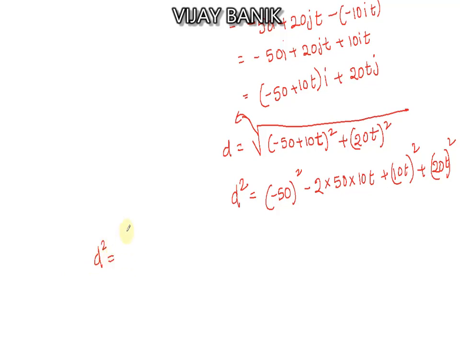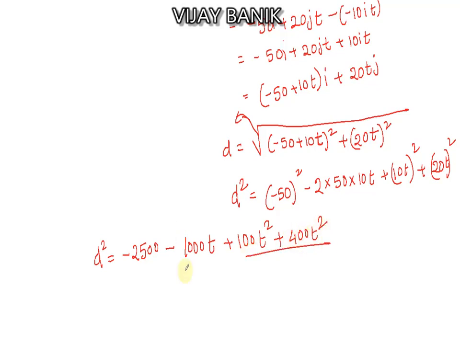Let's do that in the calculator. Minus 50 square is 2500. Then 2 into 50 into 10 is 1000, so minus 1000t, plus 100t square. 20 square is 400t square.